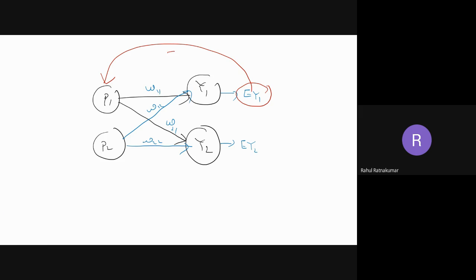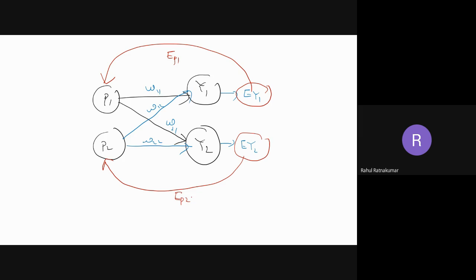So I call it EP1. Both W11 and W21 should be changed at the rate EP1, and based on the error EY2, I have to make some numerical calculation so that I can change the weights connected to parameter P2. That I call EP2.